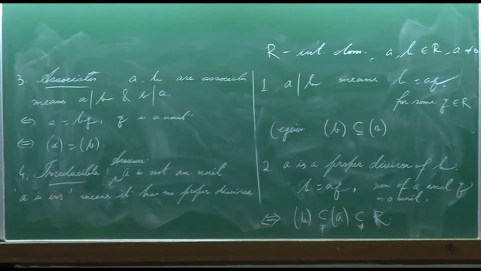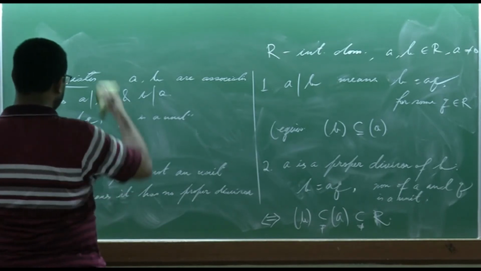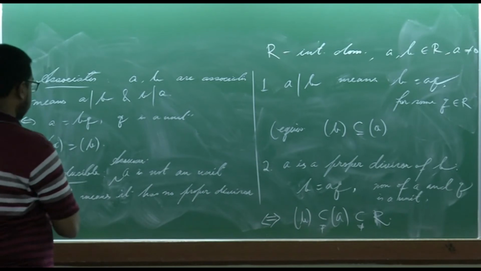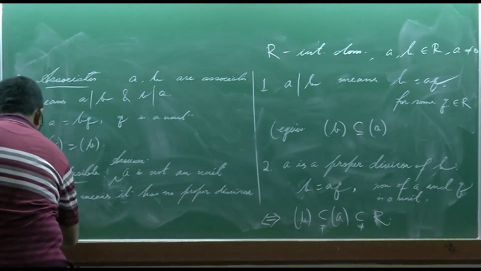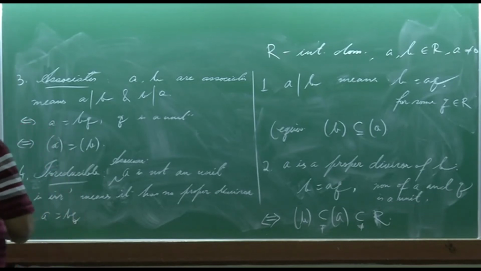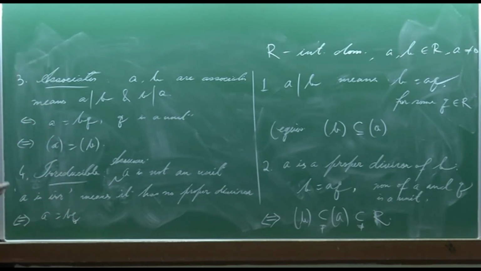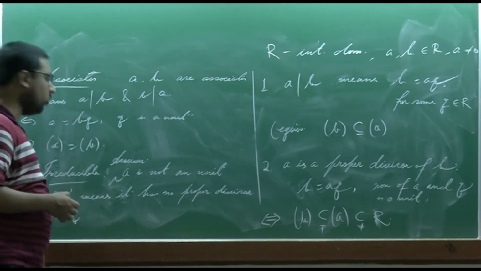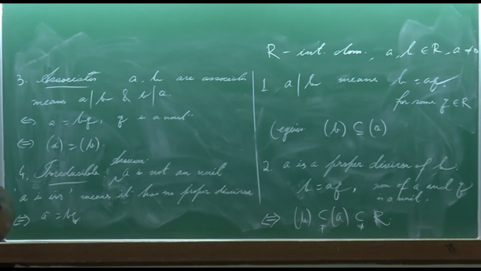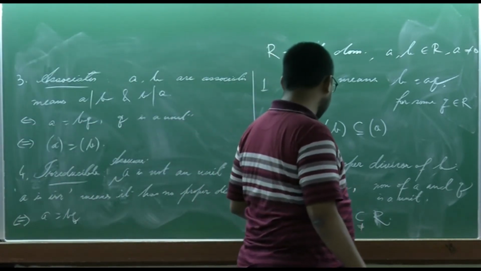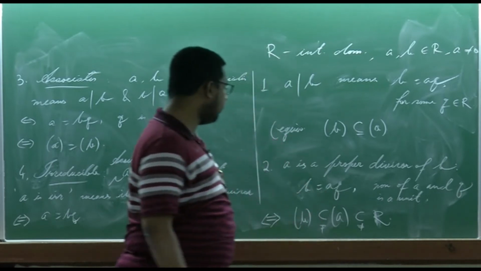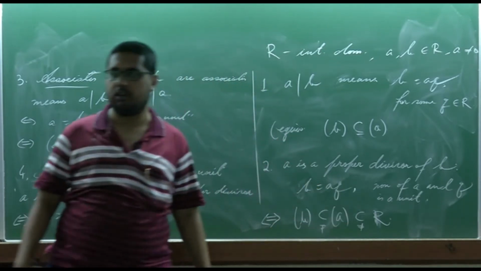Then what does it say? Another way to put it is the following, that if A equals BQ, then they cannot be proper divisors. If something is not a proper divisor, then what are the possibilities? Note that if it is a proper divisor, then B cannot be a unit and Q also cannot be a unit.